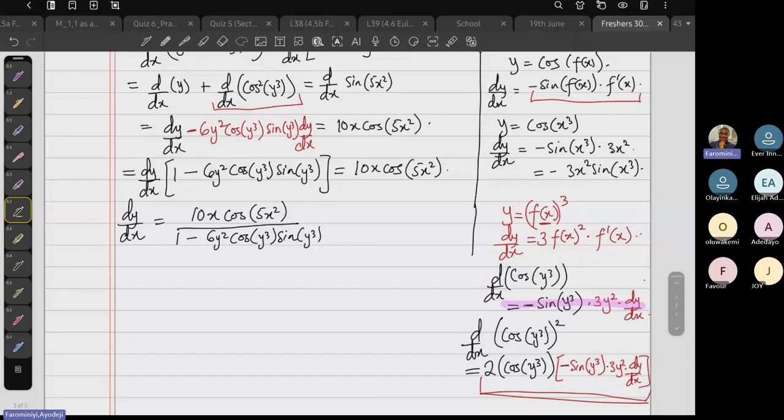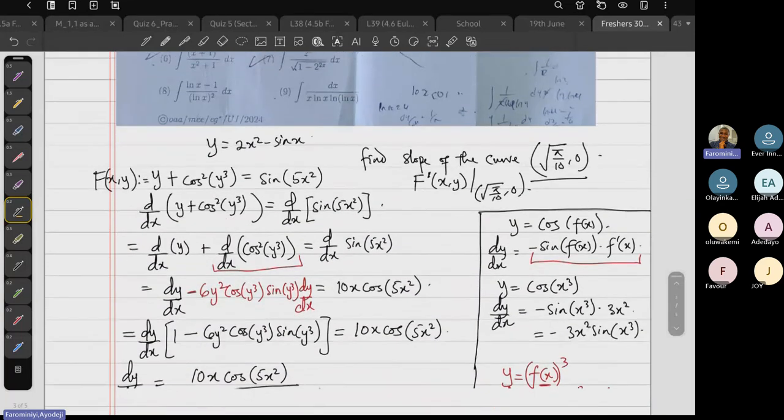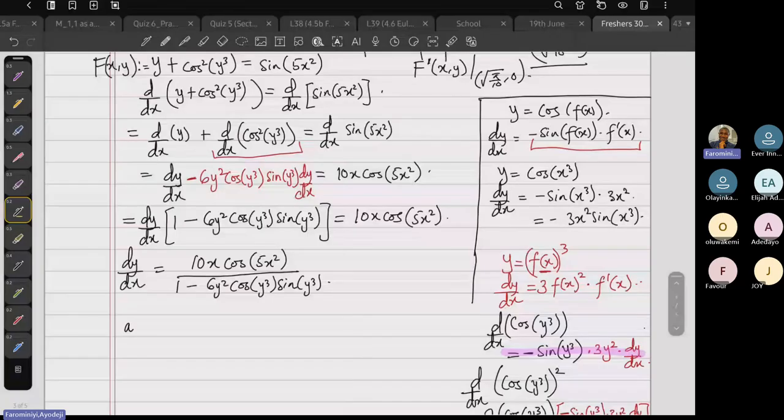Then to find the slope of the curve at the given point, square root of pi over 10 comma 0, where this is x and this is y, we substitute this for x and that for y.